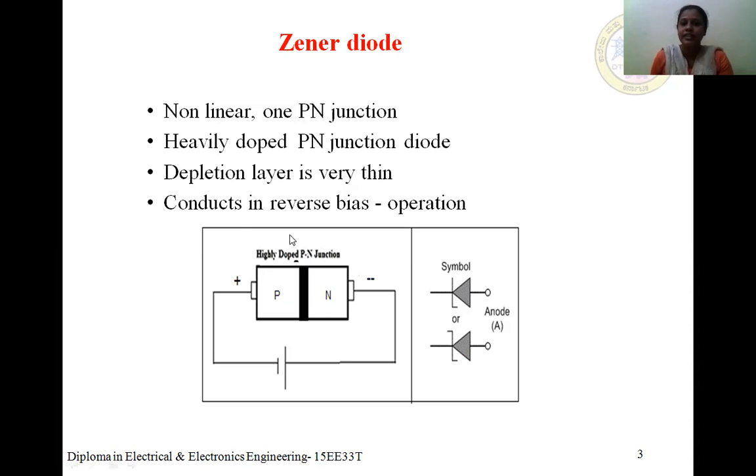Then we call it a Zener diode. You can see the symbol of the Zener diode here. A Zener diode has two terminals: one is anode, the other one is cathode. So this is the definition of the Zener diode.